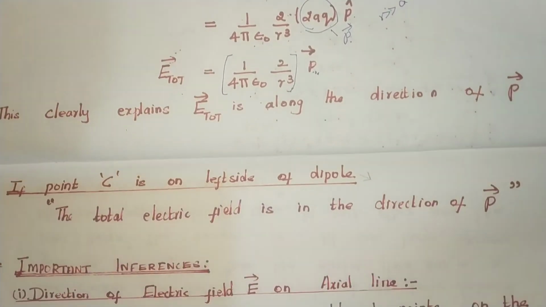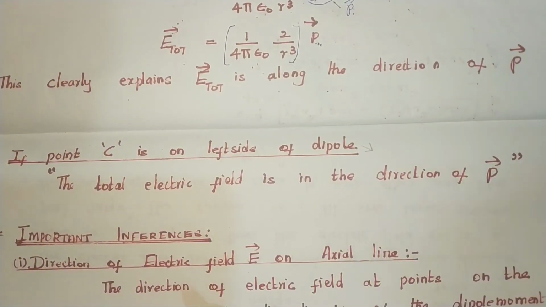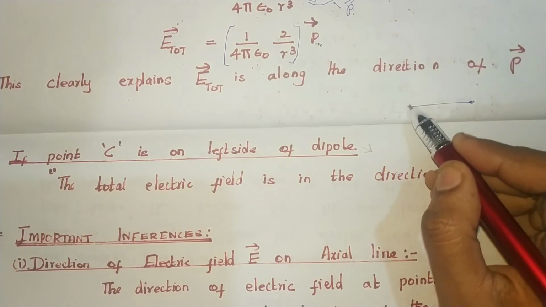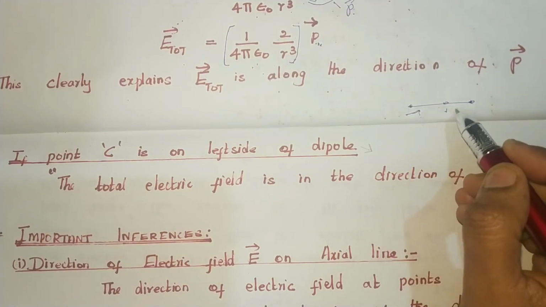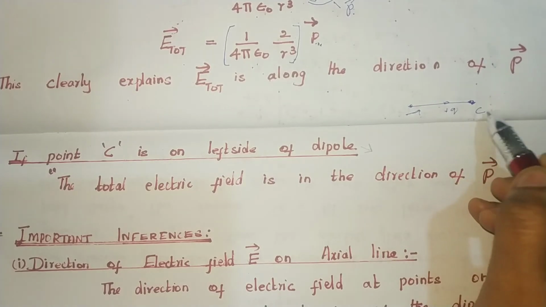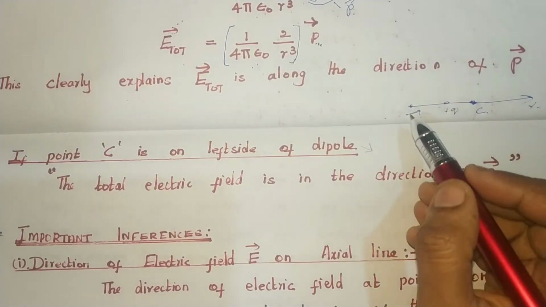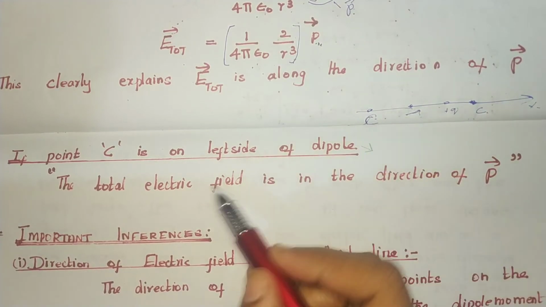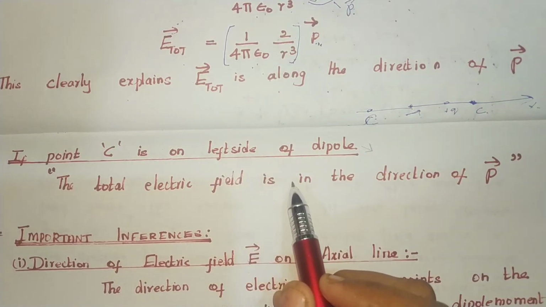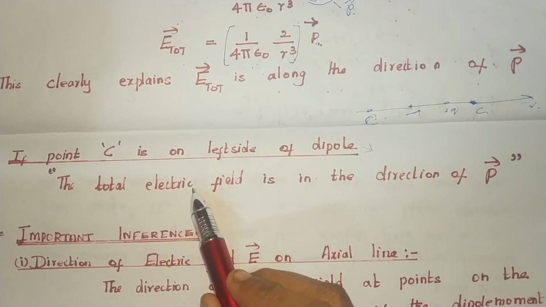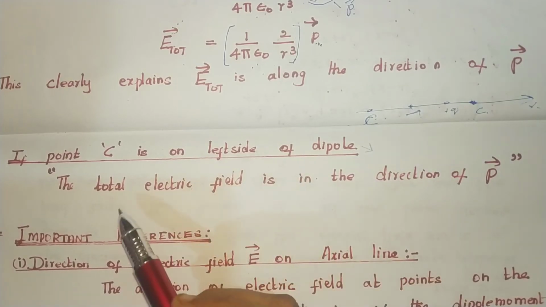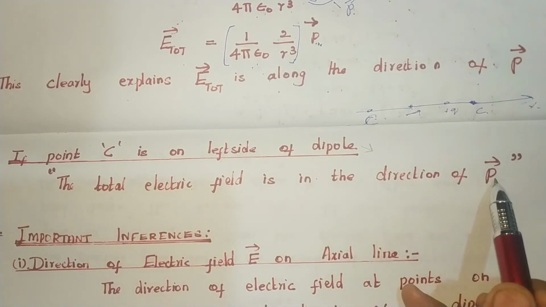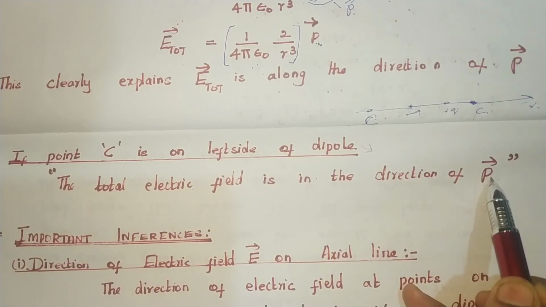Okay. இப்போ நம்ம derive பண்ண expressionல வந்து C, the point C, இப்போ dipole இங்க இருக்கு minus Q and plus Q. Point C இந்த இடத்துல எடுத்தோம் axisக்கு. இதே இது point C other side எடுத்திருந்தா நமக்கு dipole moment என்ன directionல இருக்கும், electric field என்ன directionல இருக்கும்னு பார்த்தா the total electric field is in the direction of dipole moment P vector தான்.